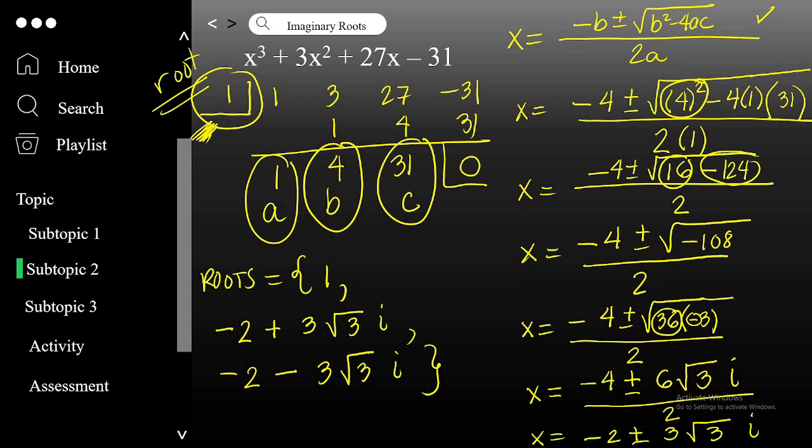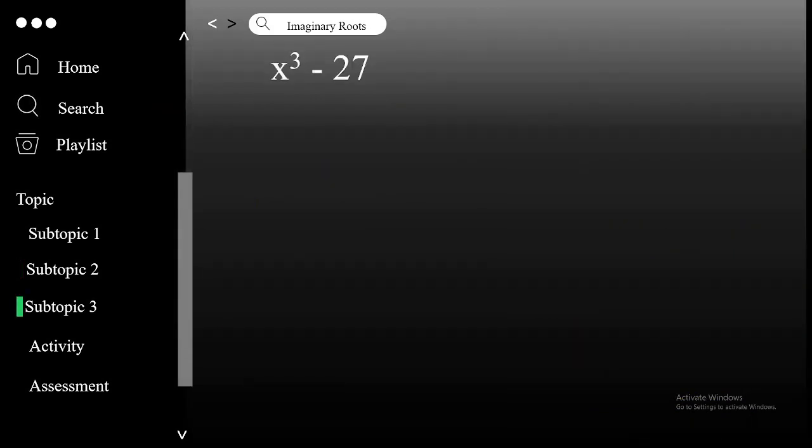Okay, let's have our last example. We have x cubed minus 27. Let's get the roots here. For example, I am going to start off with positive 3. We have 1, 0 for x squared, 0 for x, and the constant term negative 27.